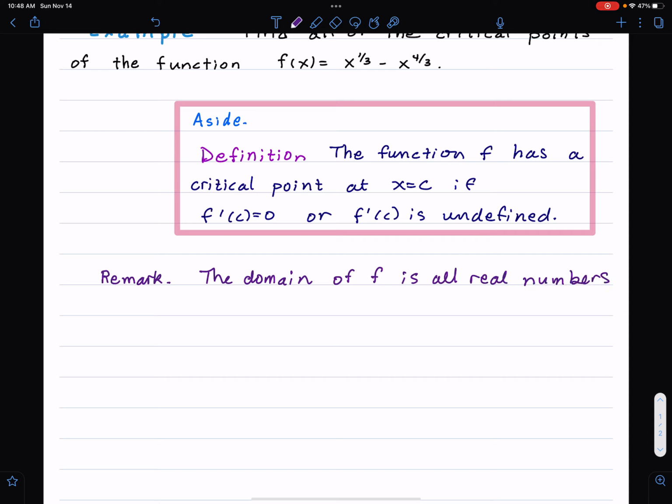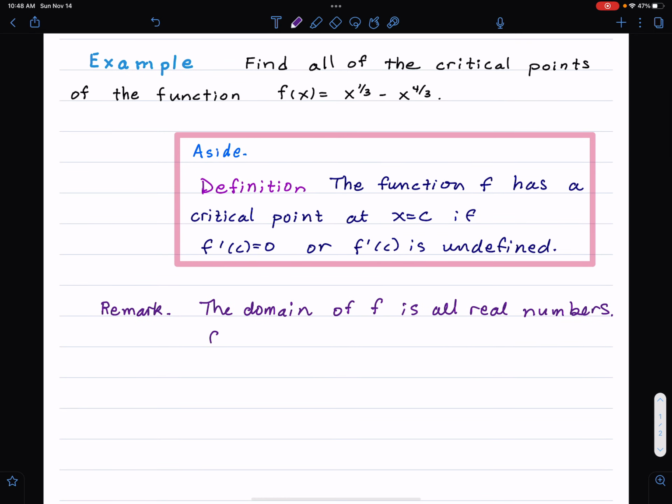How can we see that right away? Well, you could write f of x equals x to the 1/3, which is the cube root of x. And we can take cube roots of negative numbers. For example, the cube root of -1 is -1, because -1 to the third power is -1. The cube root of -8 is -2, because -2 to the third power is -8. So we can take cube roots of negative numbers and positive numbers.